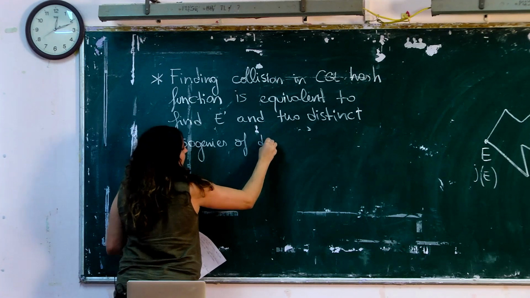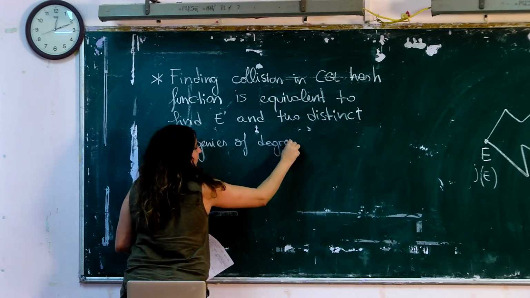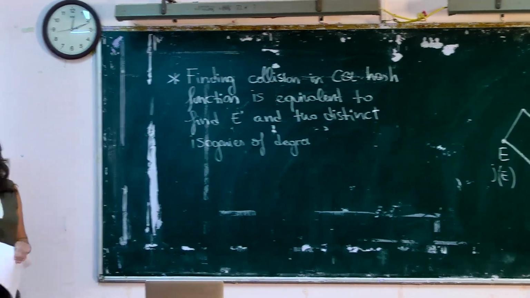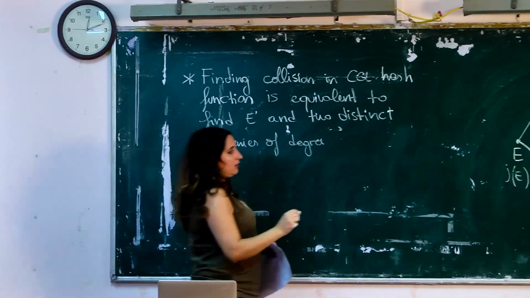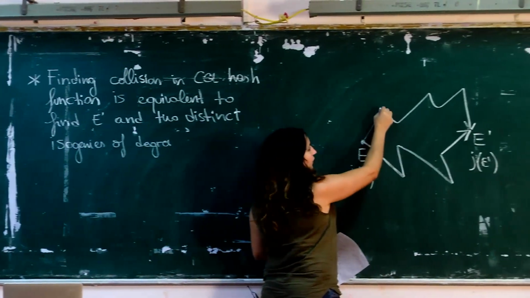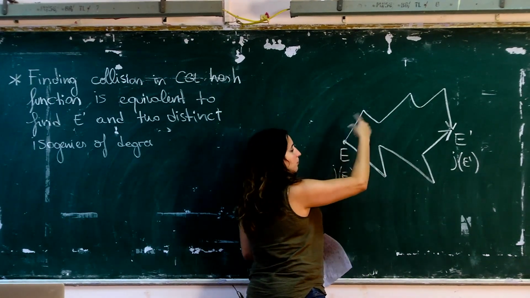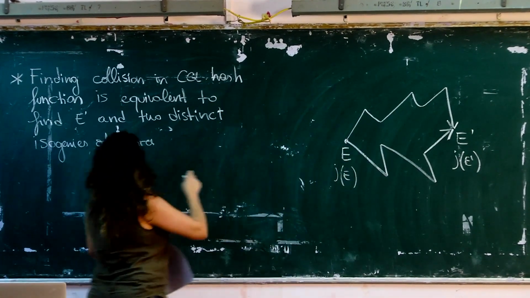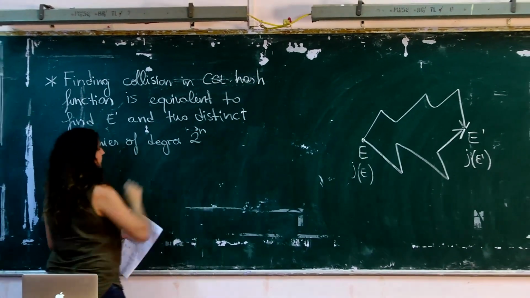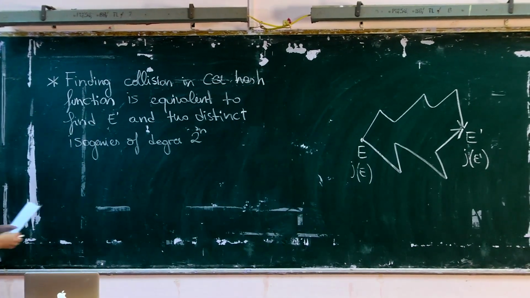of degree, which degree for our construction? I remind you, every walk is of length n, and every step has degree 2. When you compose, you multiply the degrees. So 2 to the n.